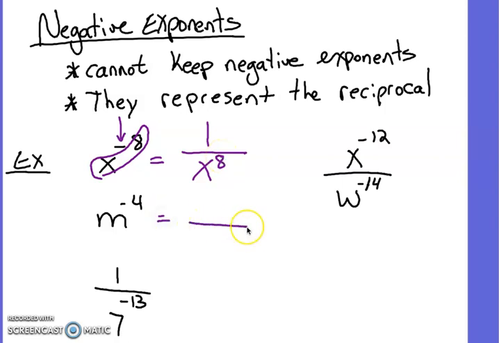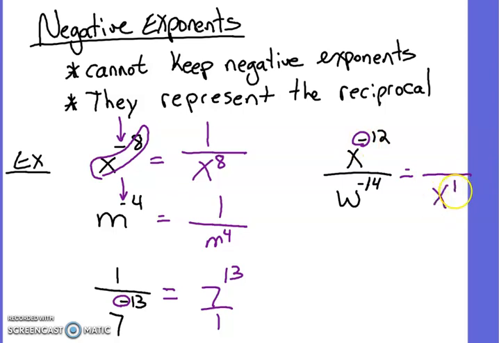So this right here, it's m to the 4th. Notice the negative exponent means to flip it, so I'm going to flip m to the 4th to the bottom. So this, again, I have a negative exponent, it means I'm going to flip 7 to the 13th power up top. So here you have x to the negative 12th, but notice it's negative, so I'm going to literally flip that to the bottom, and w to the negative 14th, but I'm going to flip that to the top.